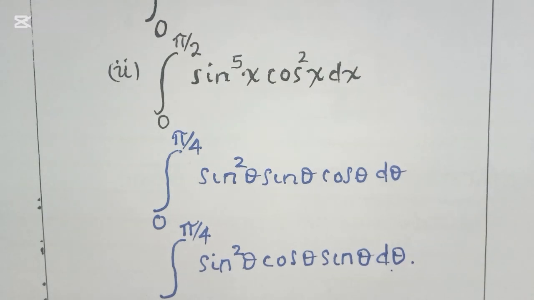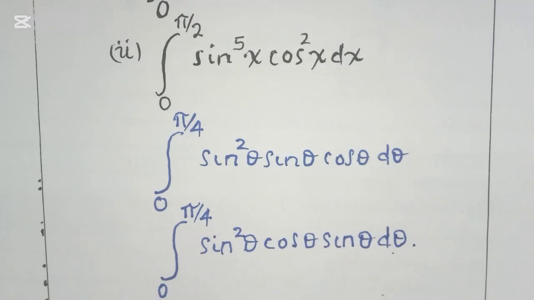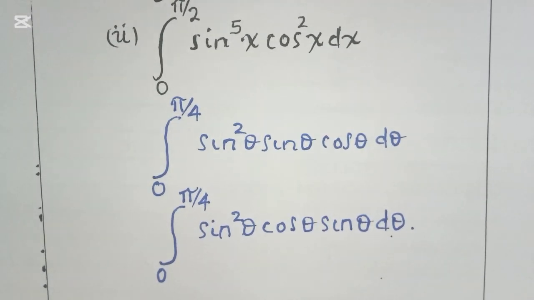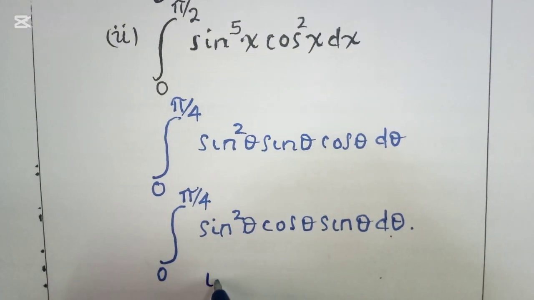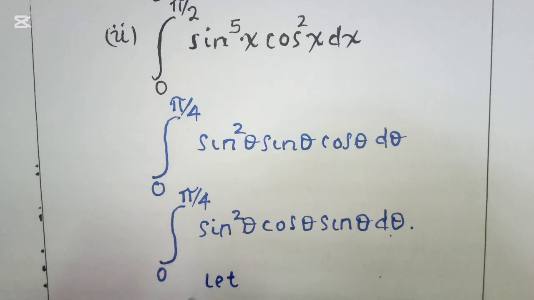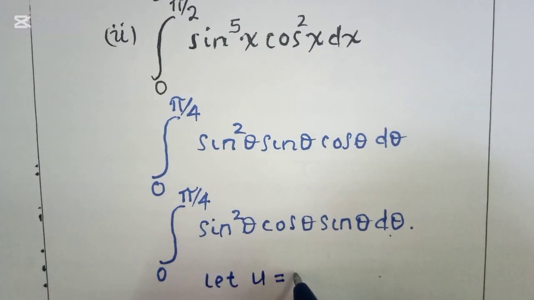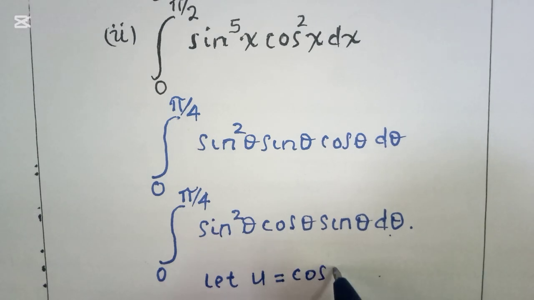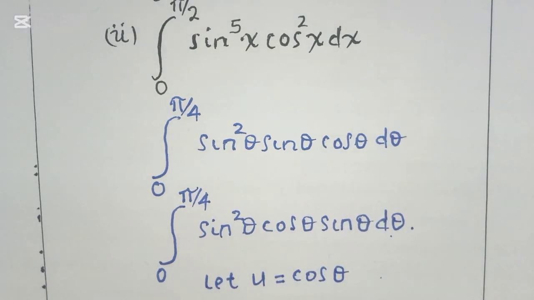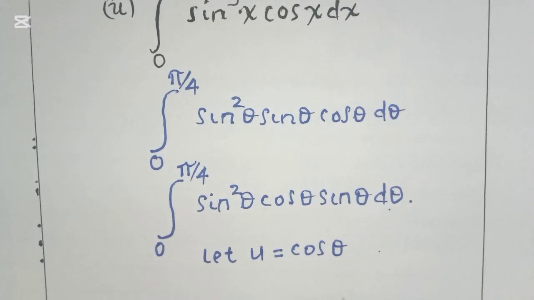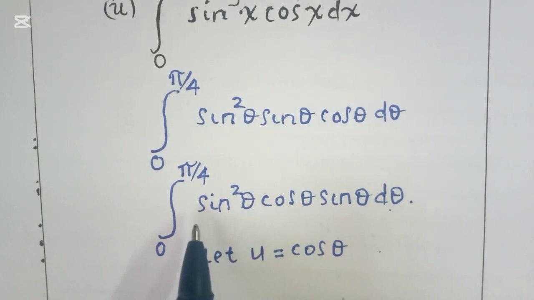So from there, guys, I will now say let u be equal to cos theta, like that. By saying that let u be equal to cos theta, I will need to change this.